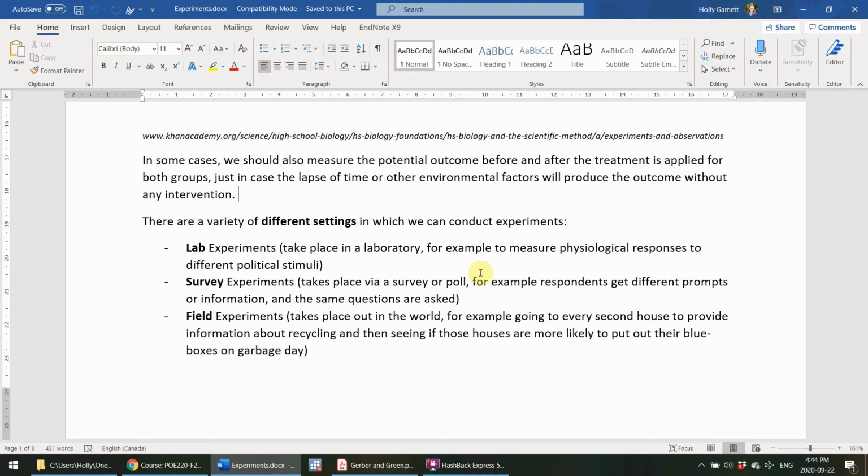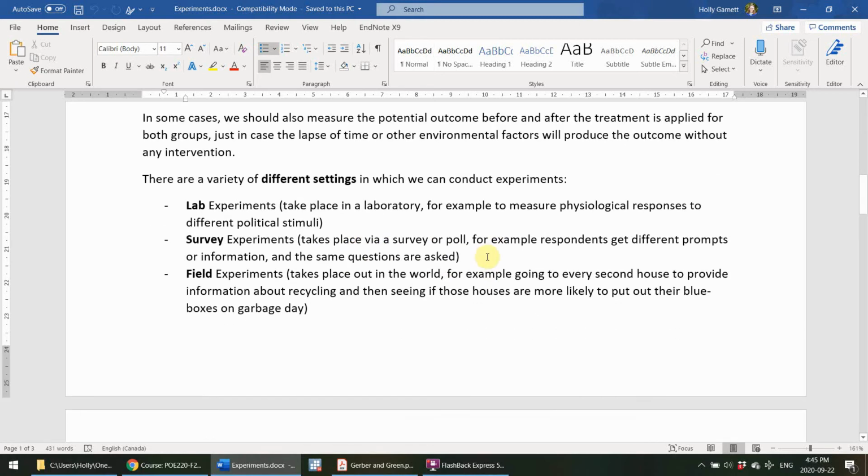You can also test maybe the impact of a specific tool that's used to combat disinformation and see if it actually works better than people not getting any sort of tool at all. Are they better able to spot the disinformation? So you can actually do an experiment in a laboratory with humans.